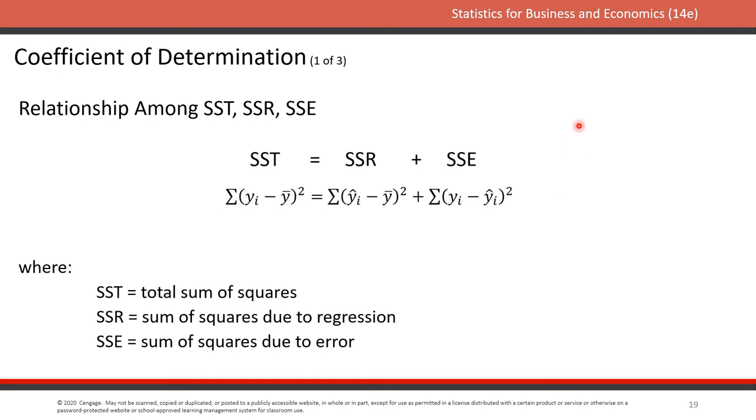Now, why would we ever do this? Well, there's two reasons, one of which is we're going to be able to test the overall effect of the model. Now, in simple linear regression, the test of the overall model, that is, is anything in the model working, is not going to be particularly useful. When we only have one independent variable in the model, that's going to tell us, well, is that one independent variable contributing anything?